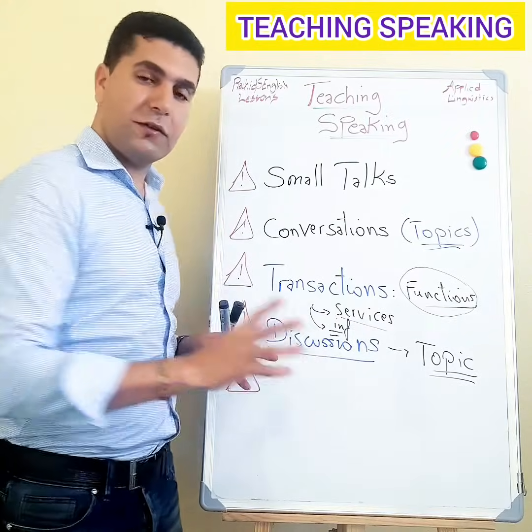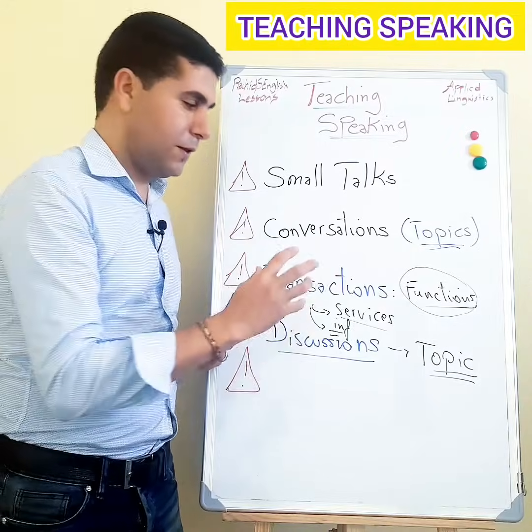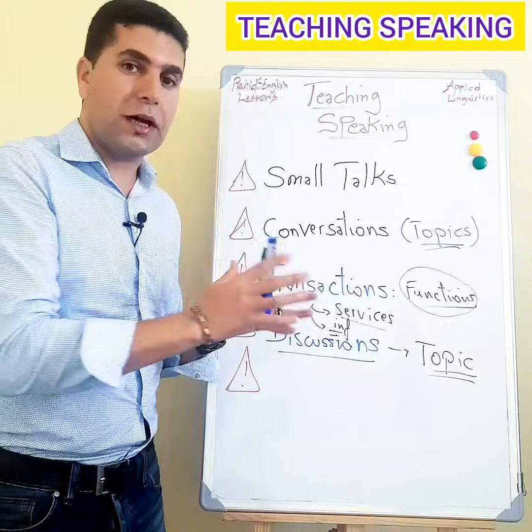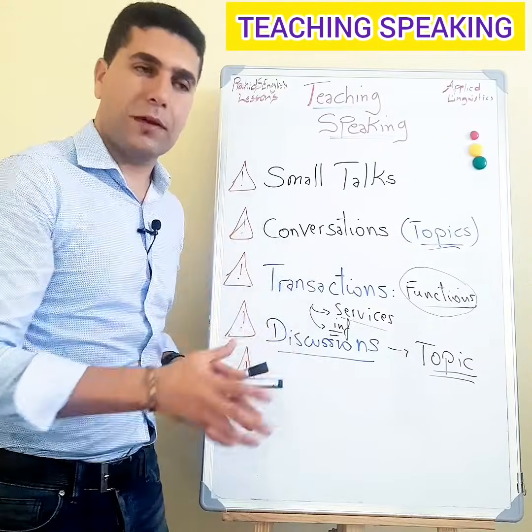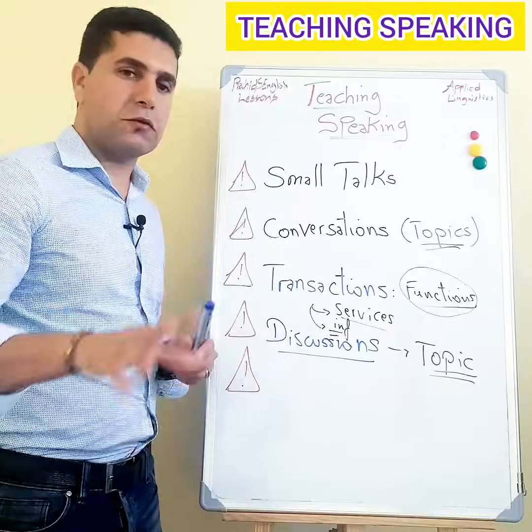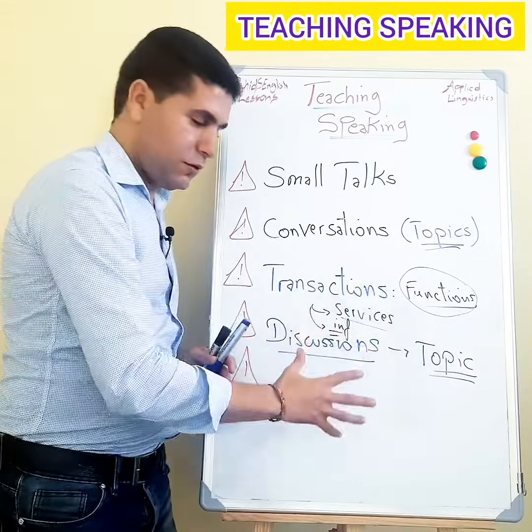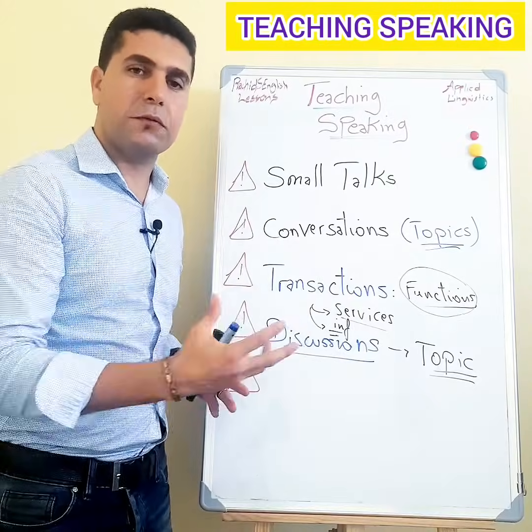All right, so discussions are very important because students practice the use of vocabulary, especially if the topic you gave them is related to vocabulary you taught, or to a specific text, maybe something related to reading. So here, discussion involves putting students in groups, giving them certain topics, and students discuss.